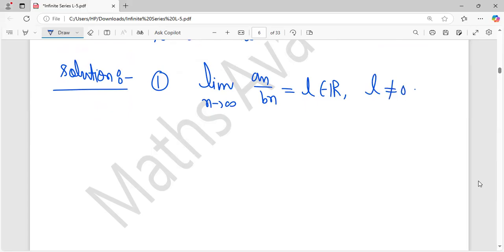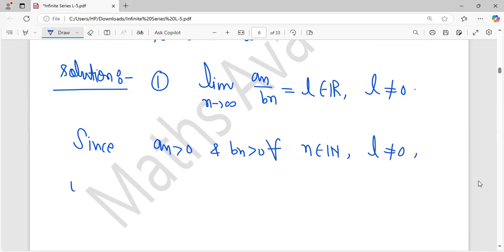Since a_n is positive and b_n is also positive for all n belongs to N, and L is non-zero, the limit will be positive. It means L is greater than zero. The limit of a positive sequence can be either zero or positive, but it is not zero, so it has to be positive.